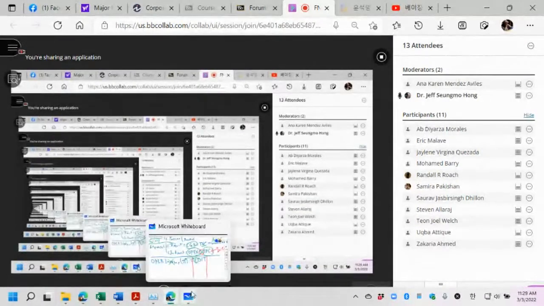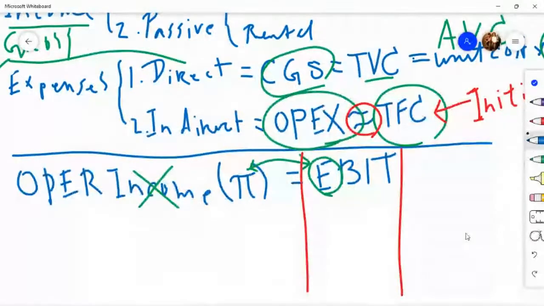Okay, if nobody answers the question, nobody gets any extra point. Well, look, logically, it says earnings before interest and taxes. So what should come next? Interest. It's making a self-prophecy.